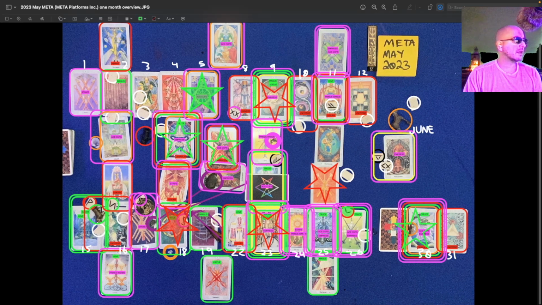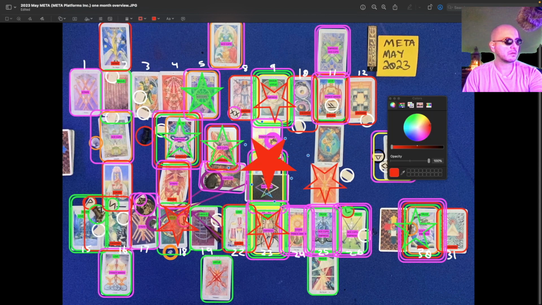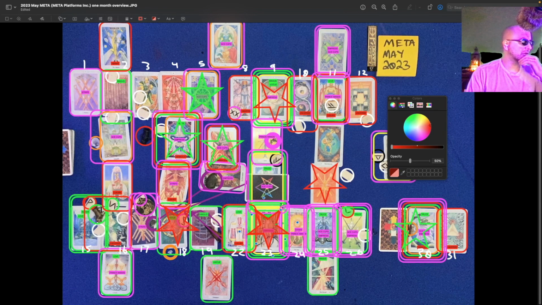So I'm just going to mark that in. Highest probable location is here on the 18th, but there is probability of us revisiting it here on the 23rd.